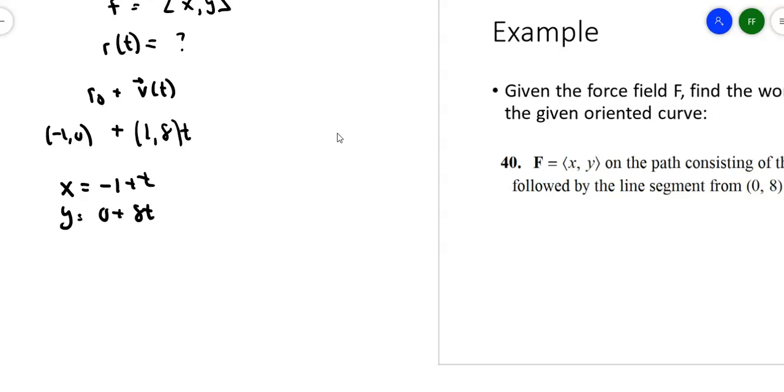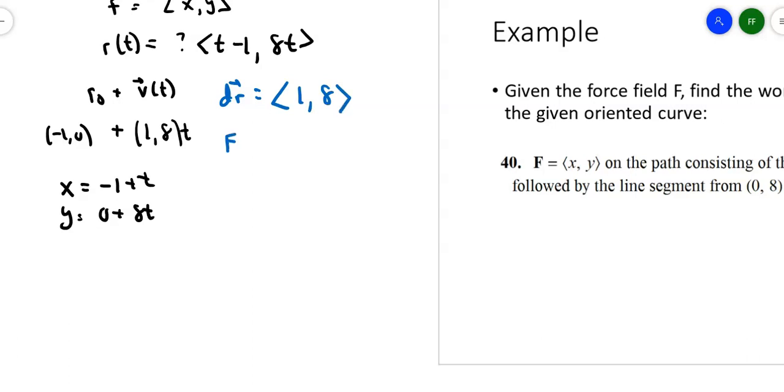All right, so now I can fill in the blank over here. r of t is going to be <t - 1, 8t>. Well, when we do the dot product, we need F dot dr. So the derivative of t minus 1 with respect to t is just 1. The derivative of 8t is 8.